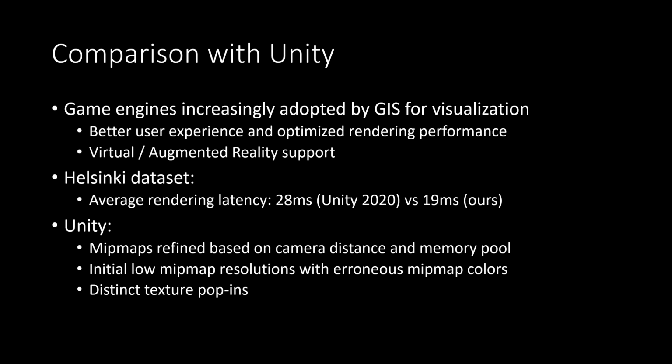We tested the same Helsinki dataset and measured an average rendering latency of 20 milliseconds in Unity versus 19 milliseconds using our method. In Unity, we noticed mipmaps are refined based on camera distance and memory pool. Initially, low-resolution mipmaps are displayed with erroneous mipmap colors, which causes distinct texture pop-ins when higher resolution mipmaps are loaded.